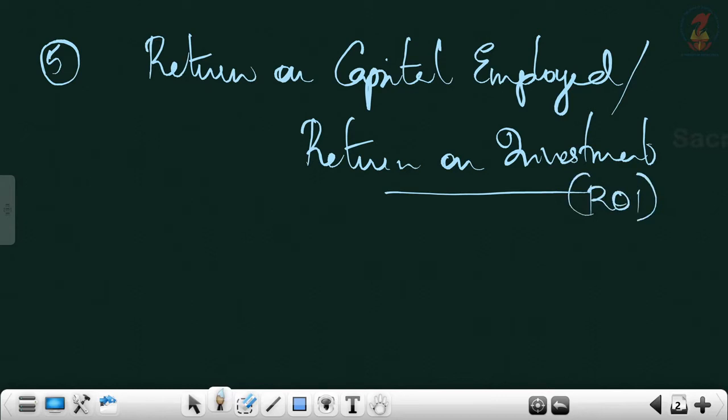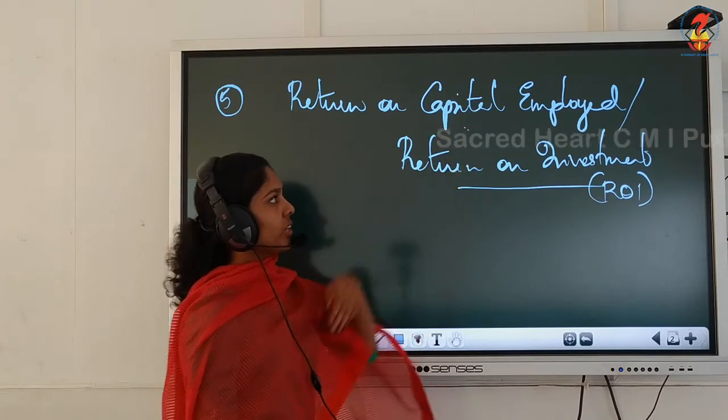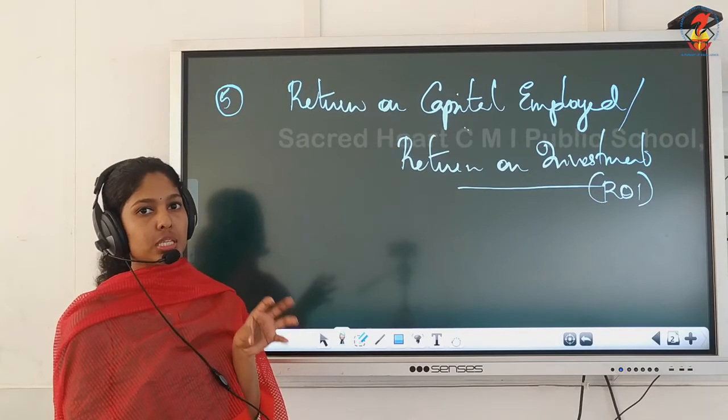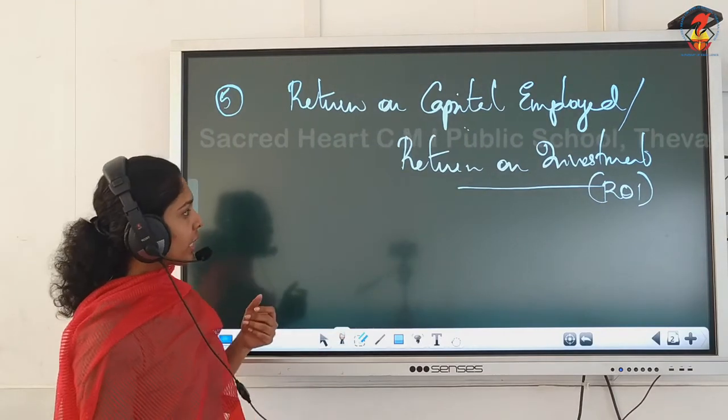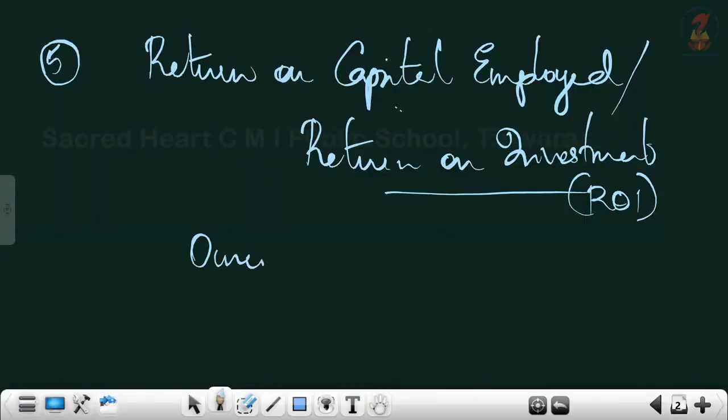Can be written as ROI, return on investment, or return on capital employed. Capital employed, we know this term, we have discussed in solvency ratios. Capital that is used in the business. So how can we raise capital? Two major sources. One is owner will have to invest, that is owner's fund. And if that is not enough, we'll borrow, that is called your debt or borrowings.